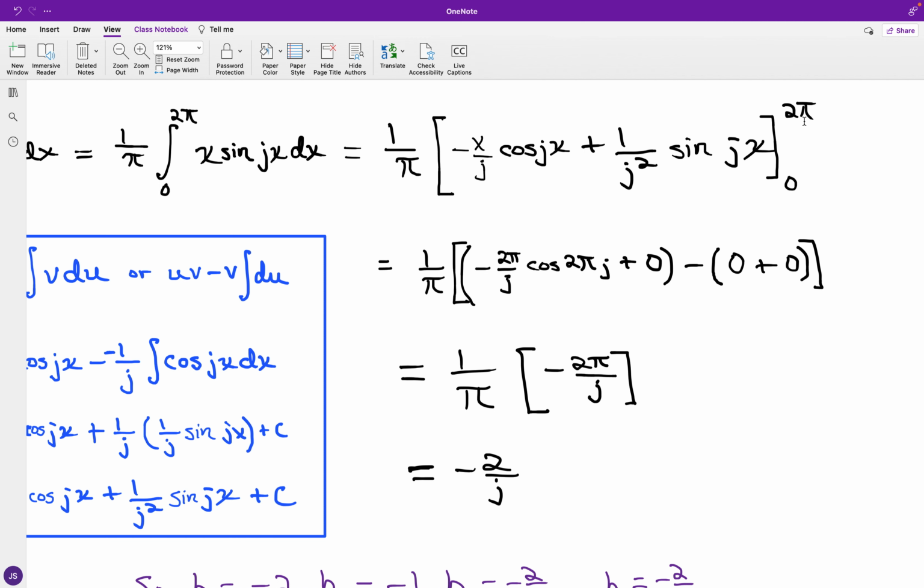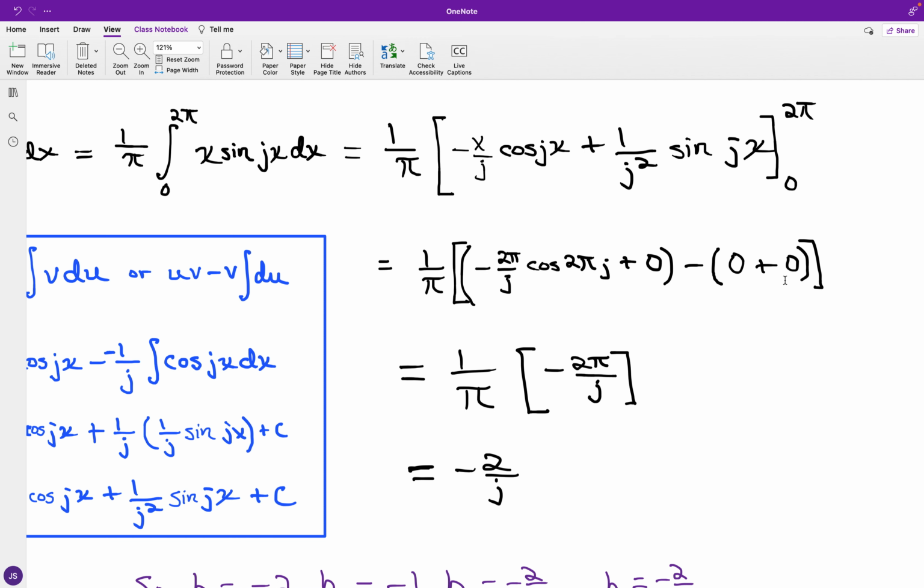So again, at 2 pi radians, cosine is going to be 1, whereas sine is going to be 0. And so right now we got 1 over pi, and then filling in 2 pi for x, we have negative 2 pi over j cosine of 2 pi j. And for x at 0, again sine goes to 0, and with the variable coefficient, if I set x to 0, even though cosine of 0 is 1, 0 times 1 is still 0.